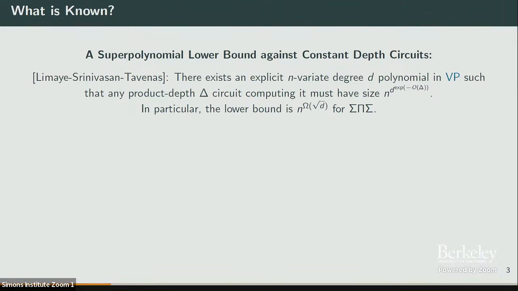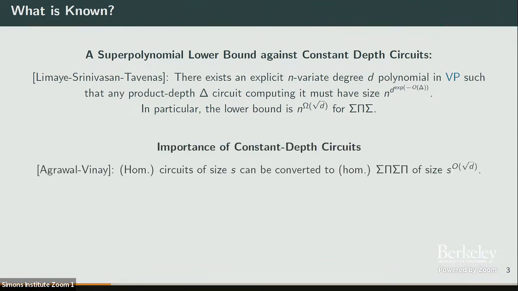Although constant depth circuit lower bounds are known in the Boolean setting, what makes this really exciting in the algebraic setting is that we actually know very good depth reduction results in the algebraic setting, which is not known in the Boolean setting. In particular, we know that a poly-size circuit can be reduced to a product depth 2 circuit by blowing up the size to s to the root d.